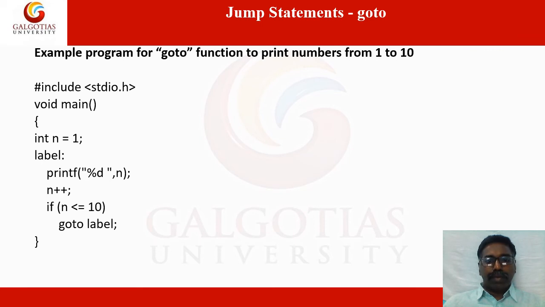For our understanding purpose, we are having this example. The example program for goto to print the numbers from 1 to 10. For this, we can simply have a while loop or a for loop, which will execute faster than this goto label.